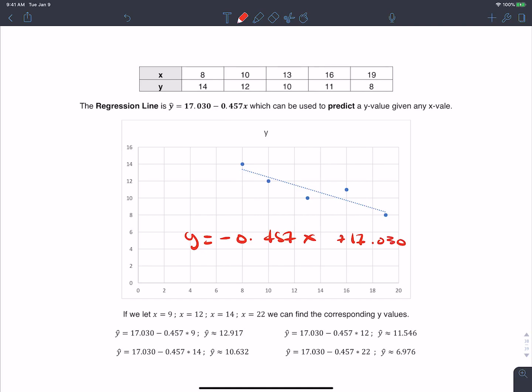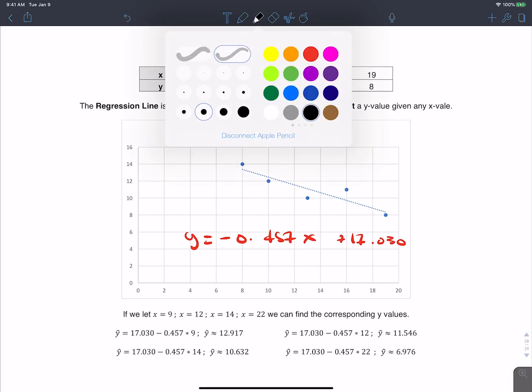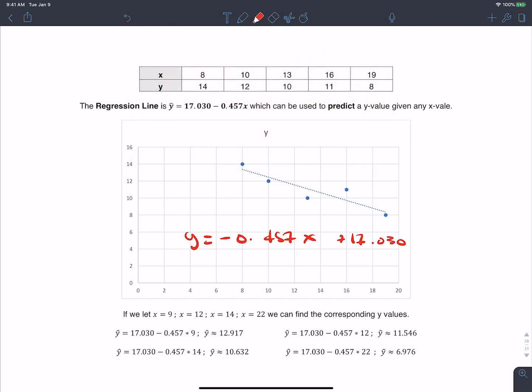So what you guys are seeing here is the best fit line, this dotted line that I just showed that you have right here. This is the best fit line here. And as you can see, the data kind of follows that line. It's not a perfect negative correlation, but it's close.